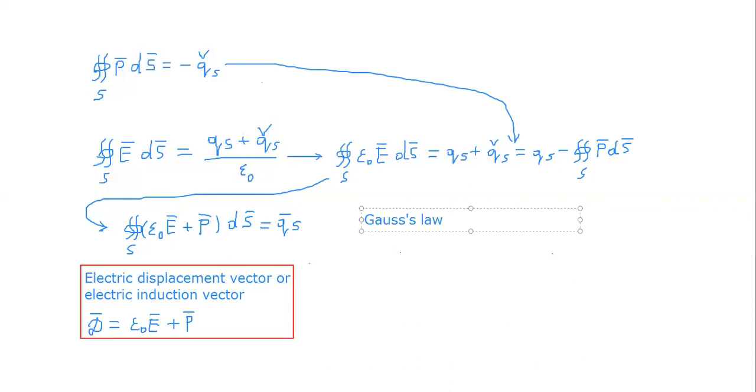Gauss law is more common name than Gauss flux theorem. Gauss law for electric displacement vector. This is integral form.